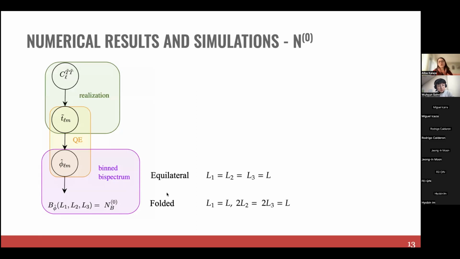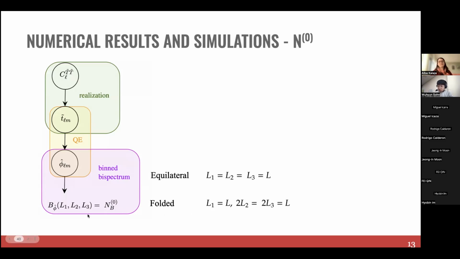We do this, as I already mentioned at the beginning, for 2 types of triangle configurations. We consider the equilateral and the folded one because the signal is very interesting in these 2 configurations, and we leave out the squeezed one for different reasons that I will explain later, especially when I show the folded. So basically we draw a lot of realizations, a lot of simulations, and compute the bispectrum.